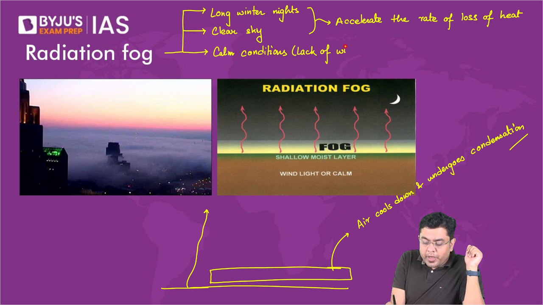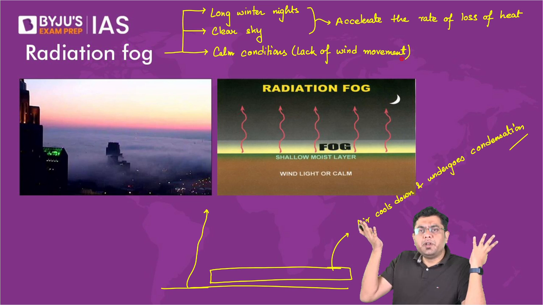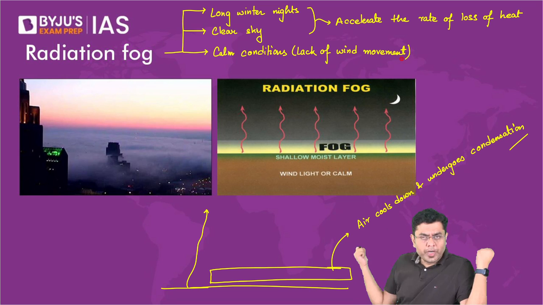Now, next morning, what will happen? As the sun starts to shine, it will heat up the ground, which will heat up the air above it, and that is how the fog starts dissipating. Once the air gets heated up, its moisture carrying capacity will increase, and it will be able to accommodate all that.